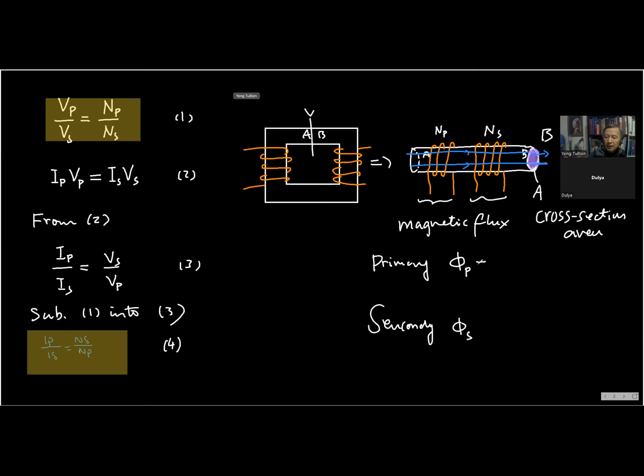By definition, how do we work out this magnetic flux? Do you know the definition of flux? Delta B over AB cos theta? No, that is Faraday's law. Faraday's law is different from the definition. First step is to work out the flux.